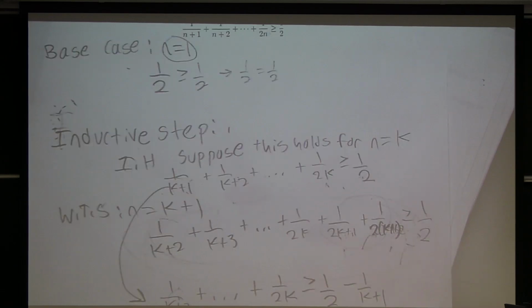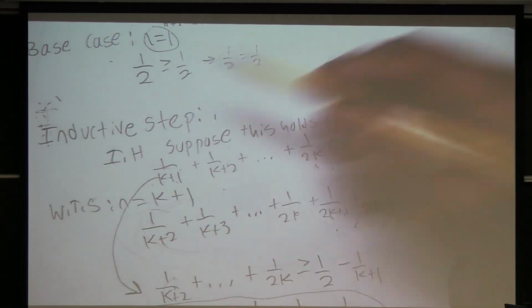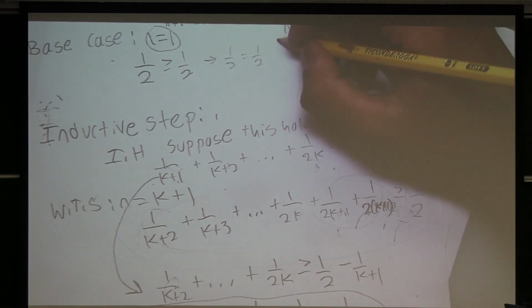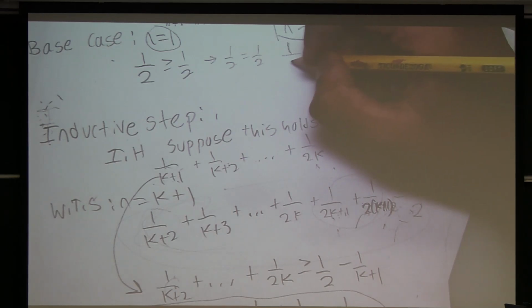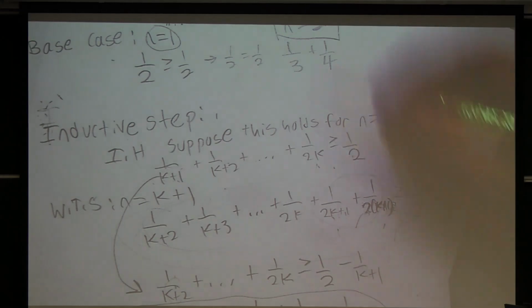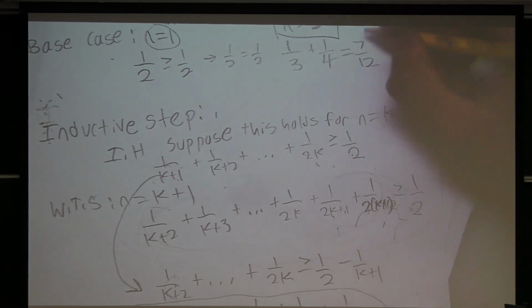Okay, so since we're taking away the 1 over k plus 2 term, and we're adding on the 1 over 2k plus 1 and 1 over 2 times k plus 1, we have to be careful about what happens when n is greater than 1. So when n equals 2, in this term, 1 over 3 plus 1 over 4, this term here is equivalent to 7 over 12, and this is greater than or equal to 1/2.